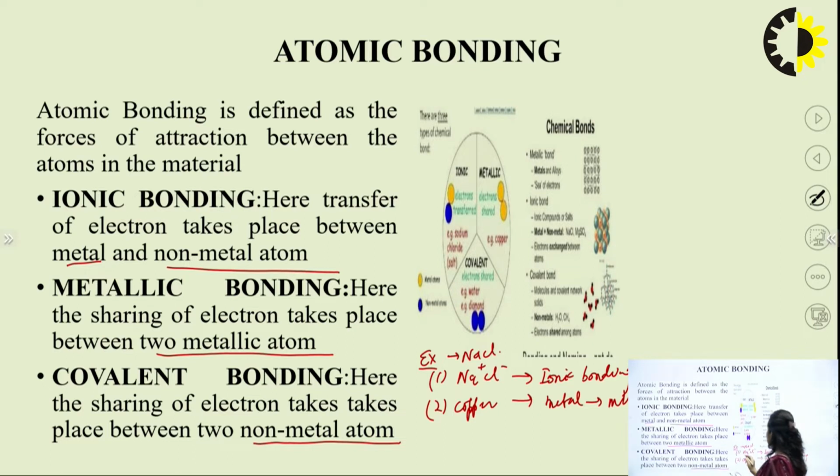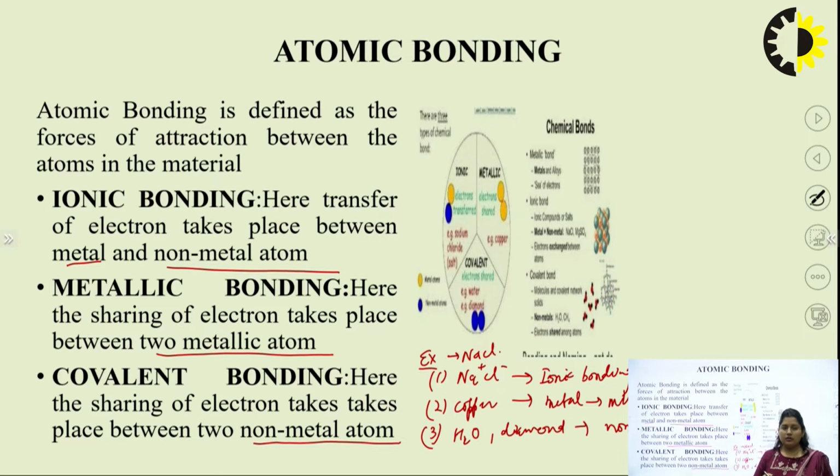The third one is water, that is H2O, or diamond, which are non-metals and thus there is covalent bonding. So this figure basically shows how the electrons will be transferred between one metal and one non-metal, between two metals, and then between two non-metals. These bondings are very important for how to calculate the mass of a particular atom or the effective mass of a particular atom.